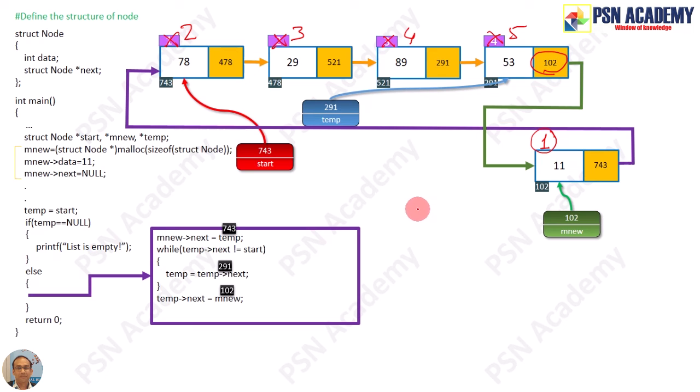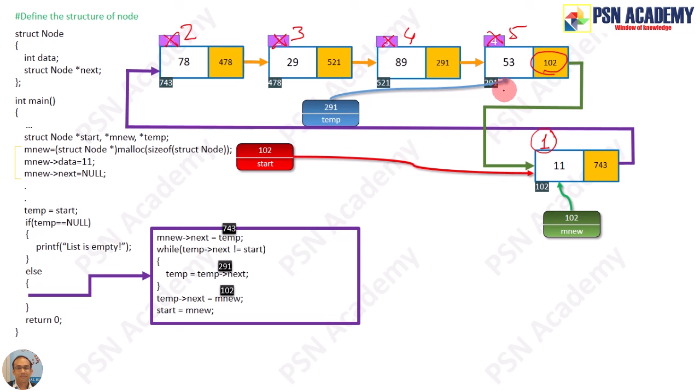Right? So one little job is yet to be done. You see the start pointer is pointing to the node at 743, which is the second node now. So it should point to the new first node at 102. So write this code, start equal to nu. And it will go like this.